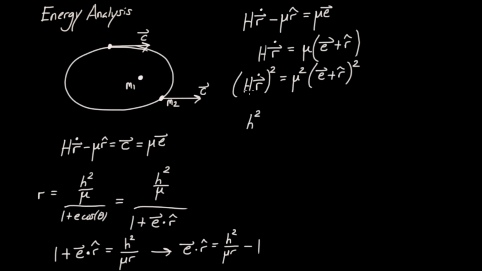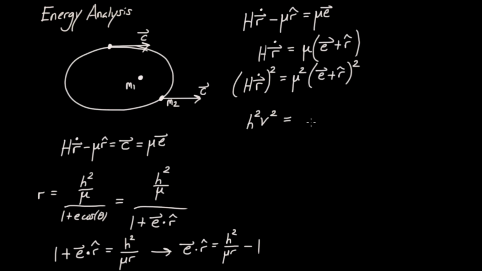Little h is the magnitude of the area in that bivector, little h squared, times v squared, where v is the magnitude of the velocity, the magnitude of the vector r dot. So it's just as you would expect, h squared times v squared for the left hand side.